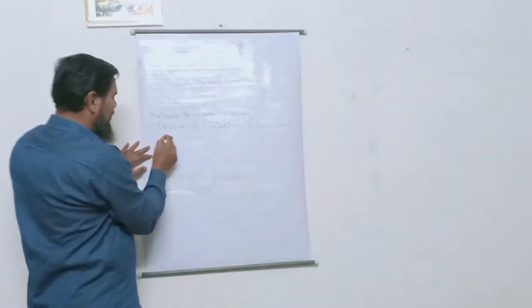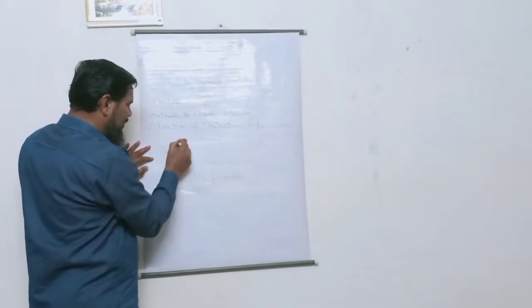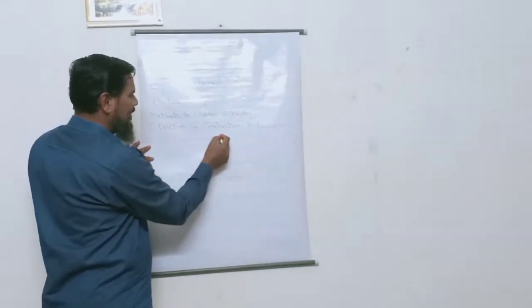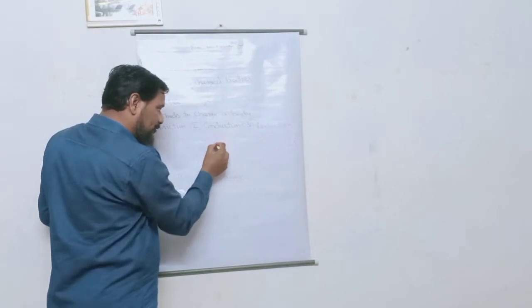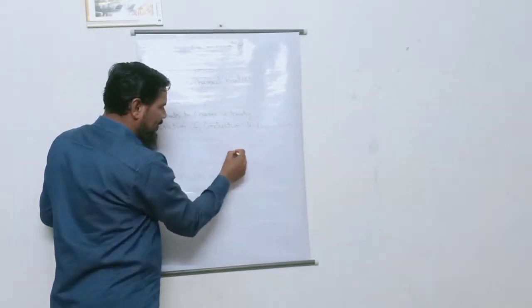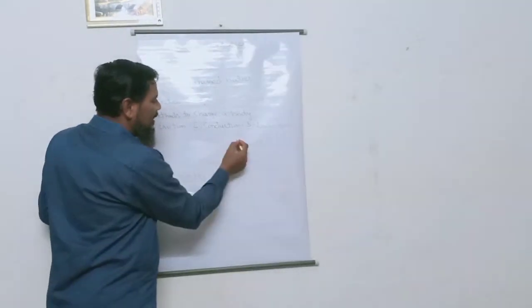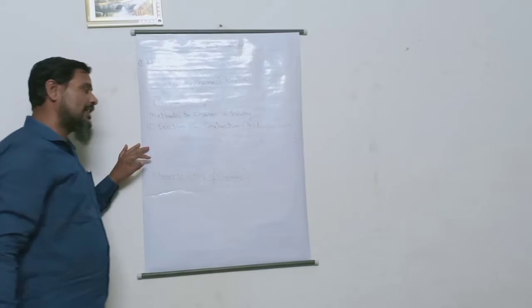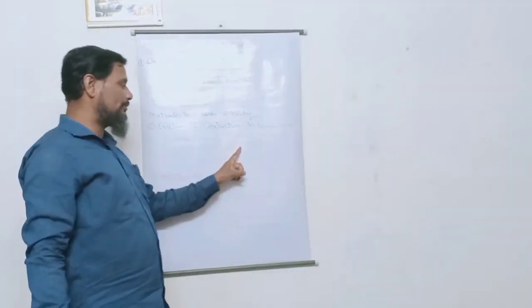In friction, both bodies are rubbed and both acquire equal and opposite charges. In conduction, one charged body and one uncharged body are touched, then some charge of the charged body is transferred to the uncharged body and the uncharged body also becomes charged.